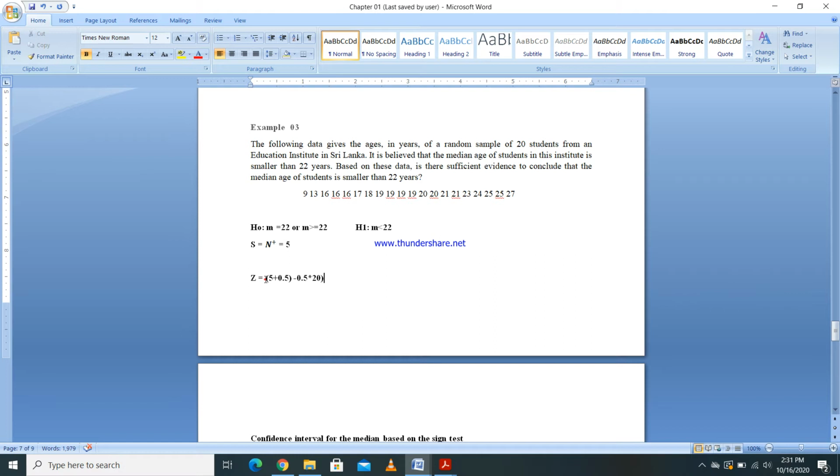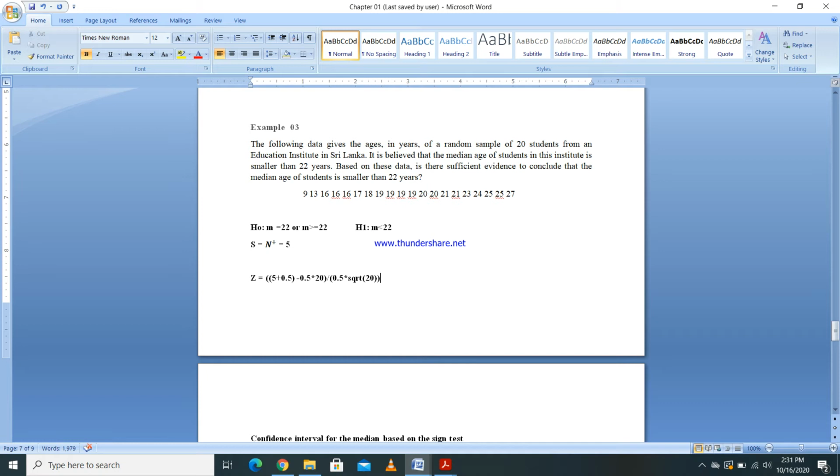Then you have to divide this whole thing, that is, in your denominator you have 0.5 into the square root of n.